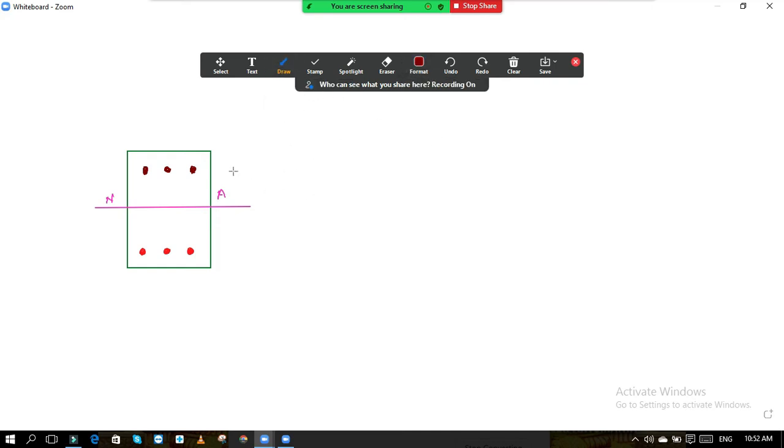Your Cu2 is acting at this level. This is the level where your Cu2 is acting. This distance from the top to this force is d dash, the effective cover. But whenever it is acting over here, what is the basic formula? This is basically force. Force is nothing but stress into area. Okay. So Cu2 is my force.